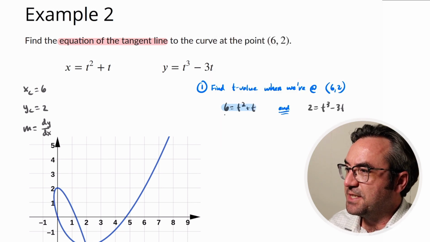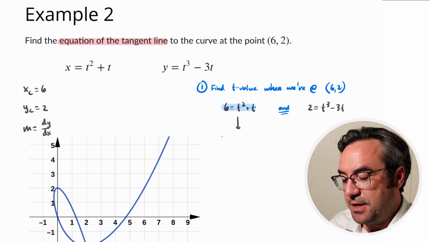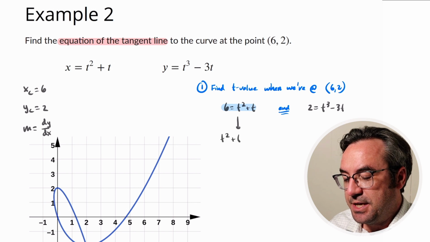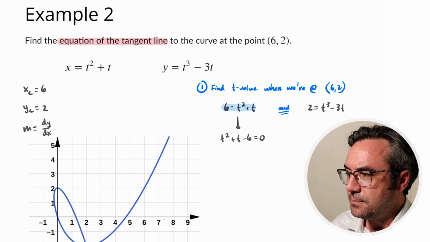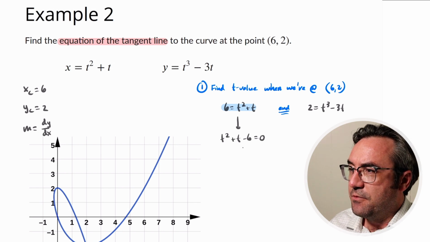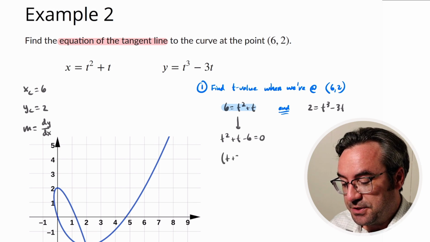Let's move that 6 to the other side. That'll give us the equation t squared plus t minus 6 is equal to 0. This factors into t plus 3.